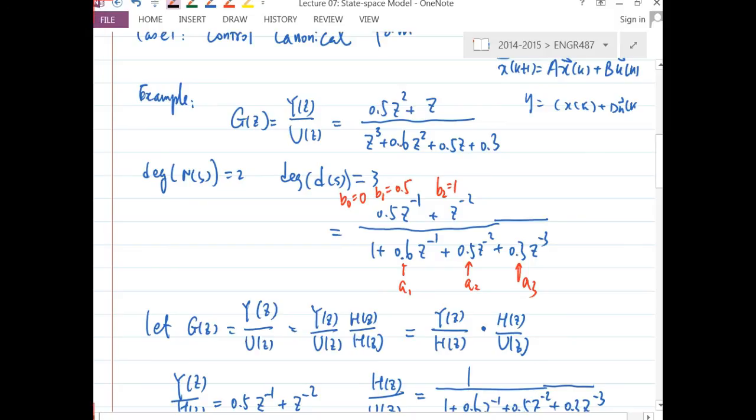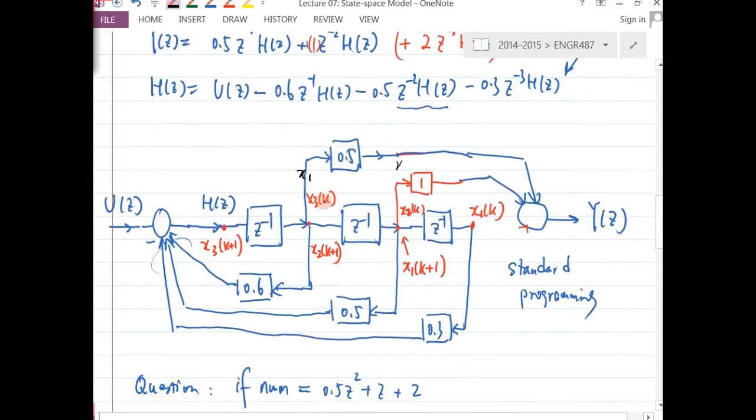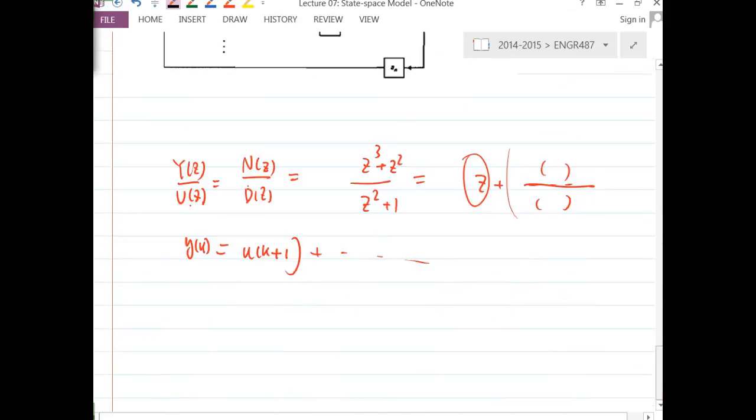It all depends on how you define the state variables. If you look at the 3 state variables over here, they're basically signals residing inside the simulation diagram here, right? They don't necessarily represent a physical quantity. So bear that in mind: you can have an infinite number of solutions in terms of state space model.